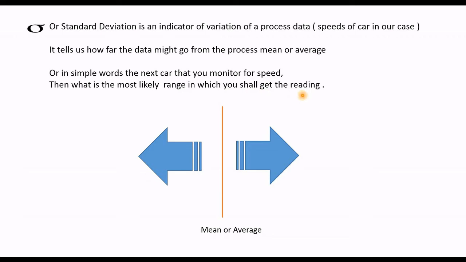Because I know the standard deviation, I know that the next car I monitor for speed will lie between this and this. So standard deviation tells you how far upper and how far lower the data can go, car speeds in this case, from the mean or the process average. But how do I calculate it precisely?